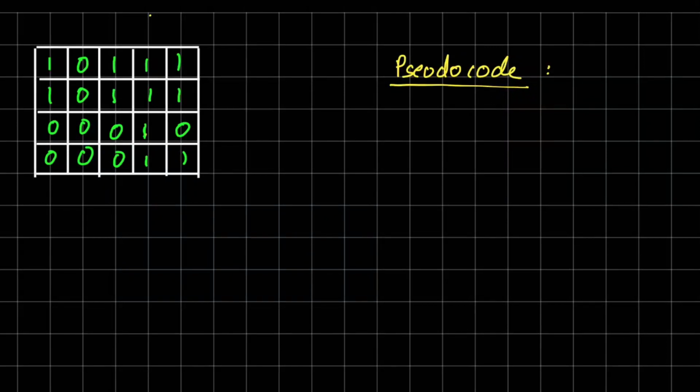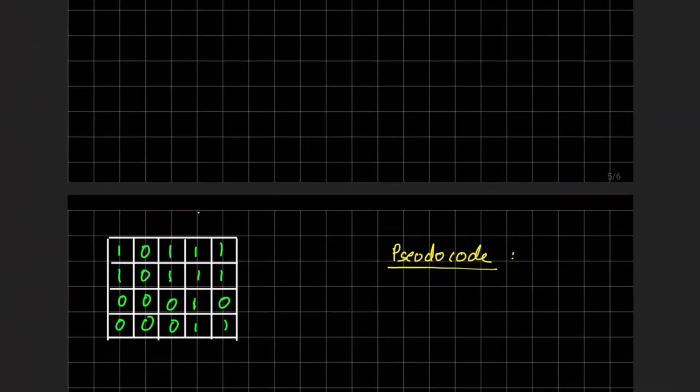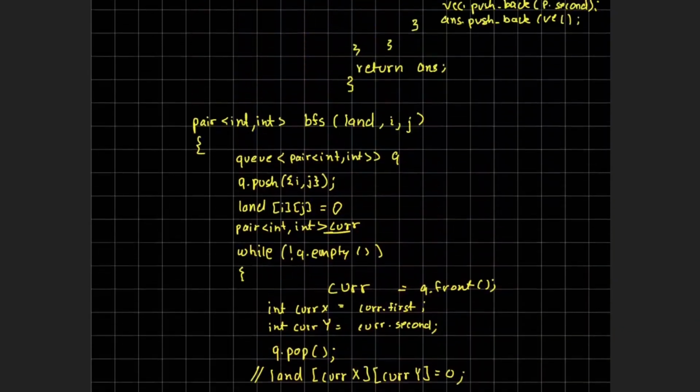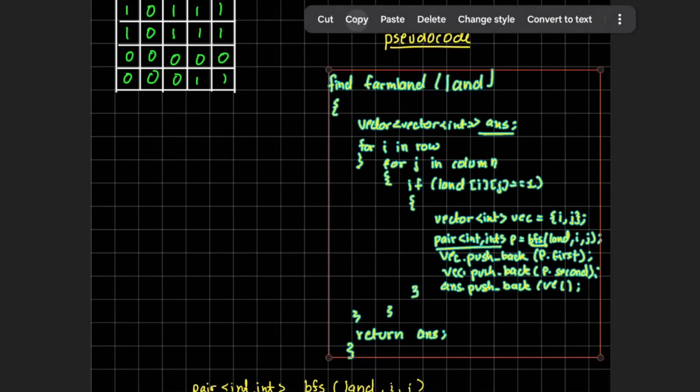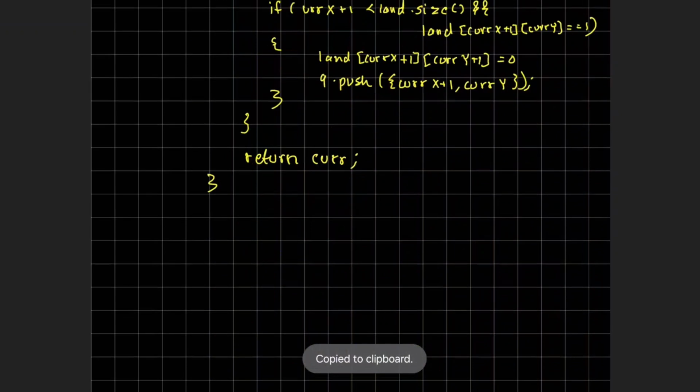So we will have a function find farmland, which, like the previous approach, we will traverse the matrix. So let me just copy it from there. In this find farmland function we will be making changes.